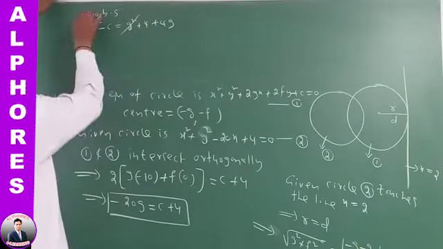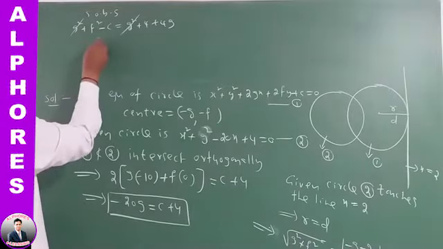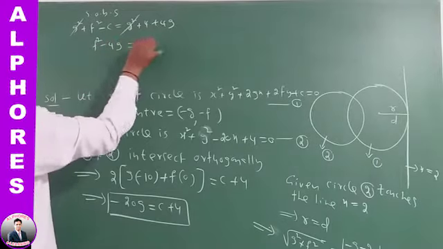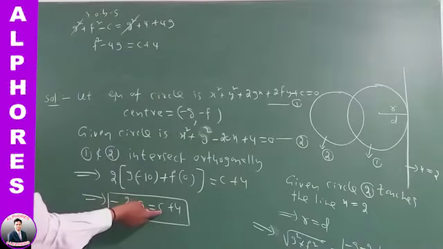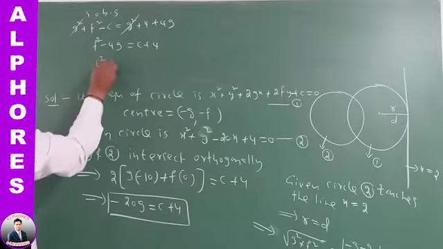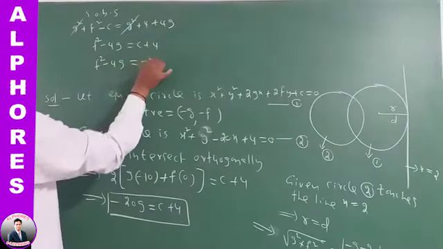Okay, now g² cancels. Next, here f² − 4g = c + 4. Here we have c + 4 = −20g. So f² − 4g = −20g.